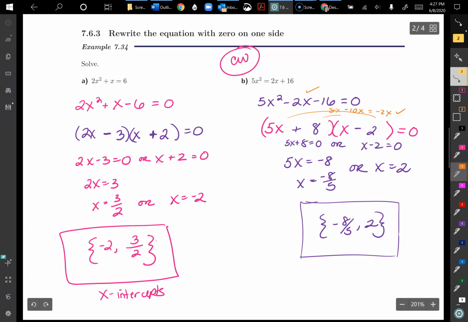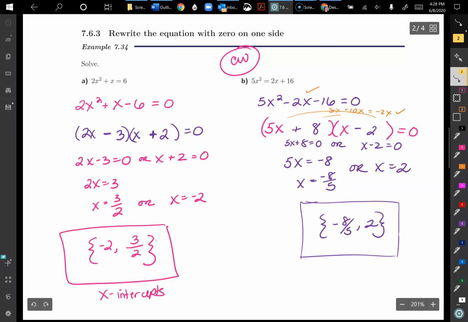Okay, so here's your answer for that one. It is tricky, so I'll go through it. But if you got negative 8/5 and 2, that's good. We have 5x squared minus 2x minus 16 equals 0. We're just setting everything equal to 0, so we want all our stuff to the left equal to 0. Then factoring is a little tricky on this one. I have a 5x and an x as my only two choices for the firsts.